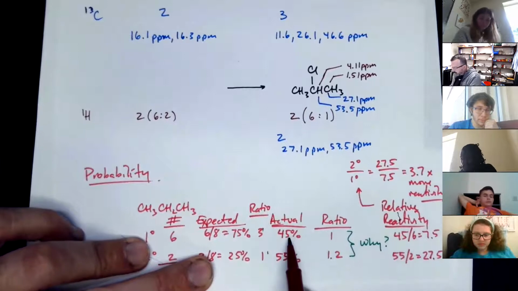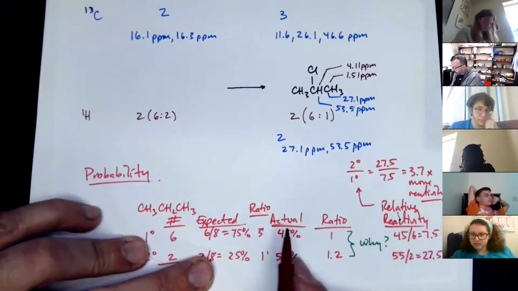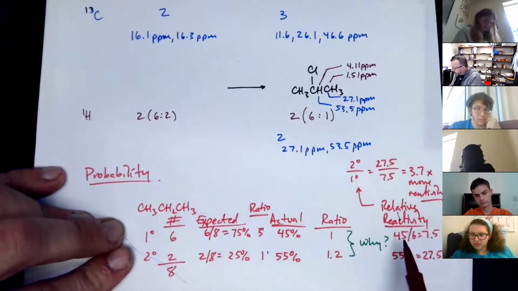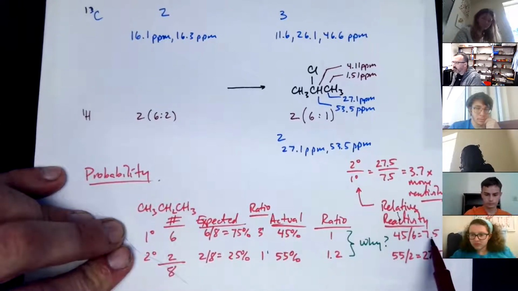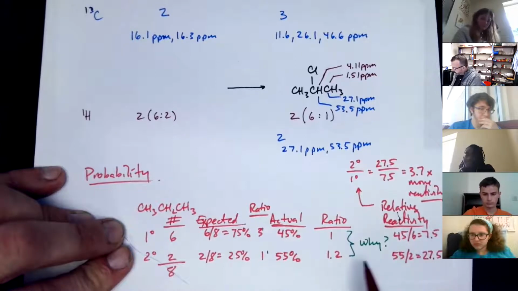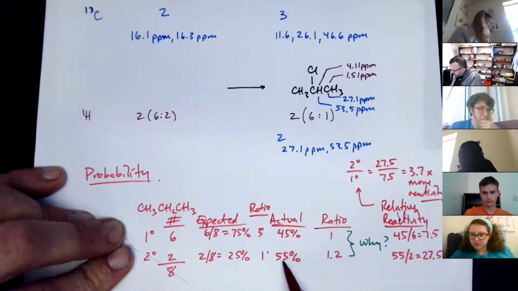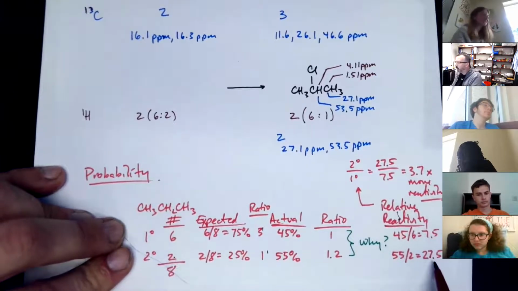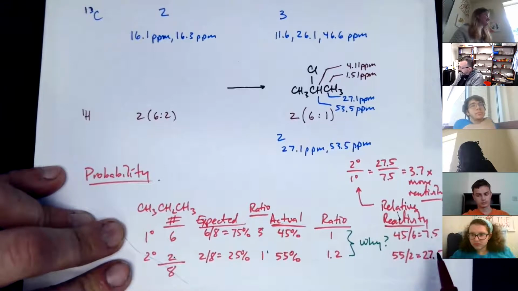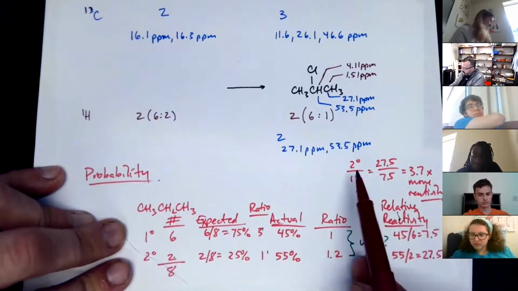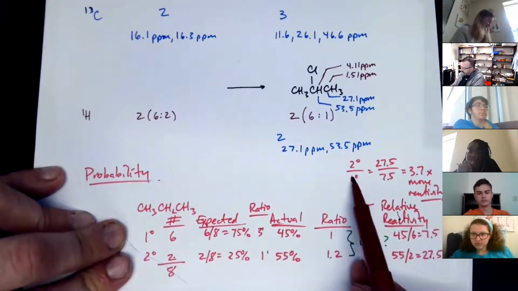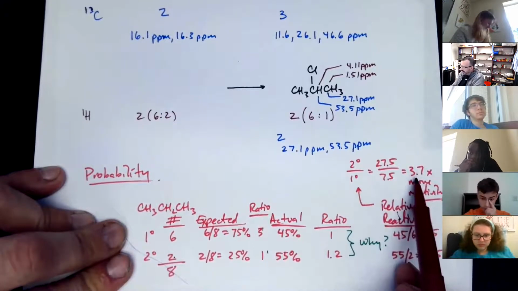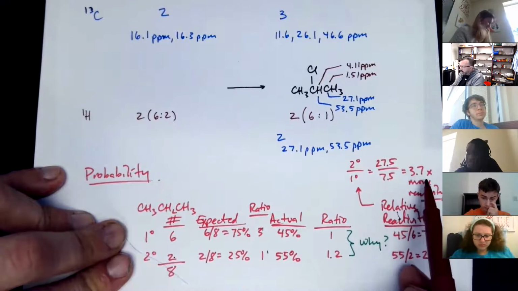I'm taking the observed percent and dividing that by 6. 45 divided by 6 is 7.5. Taking the observed percent here, 55 divided by 2, that gets you 27.5. Now when I take that ratio, the secondaries divided by the primaries, 27.5 divided by 7.5, I get this number here, 3.7.